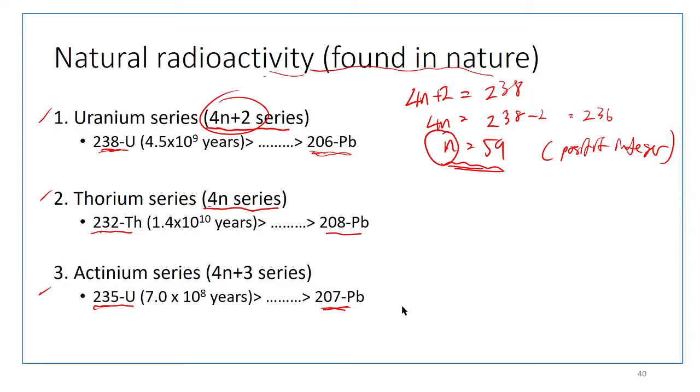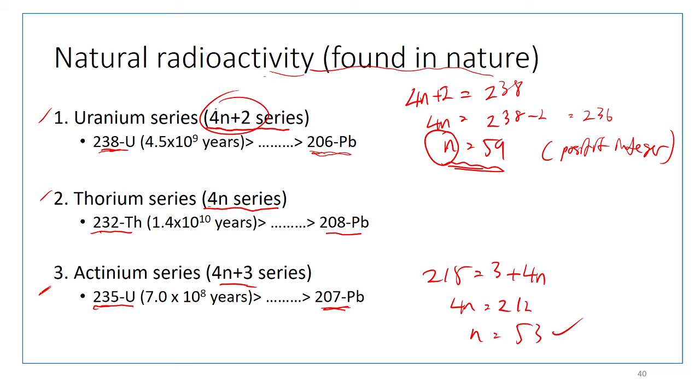Will it follow the 4n plus 3? 215 polonium equals 3 plus 4n. 4n equals 212, so n is 53. So that is the actinium series, which is called the 4n plus 3 series.